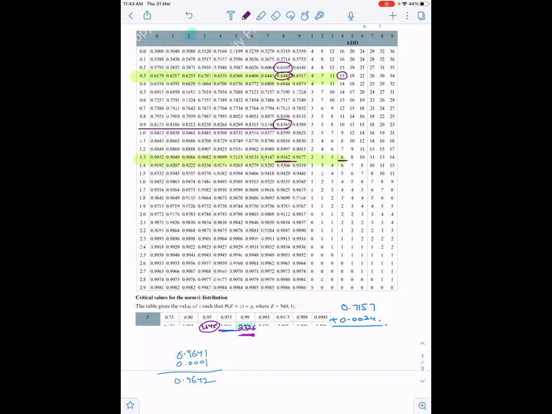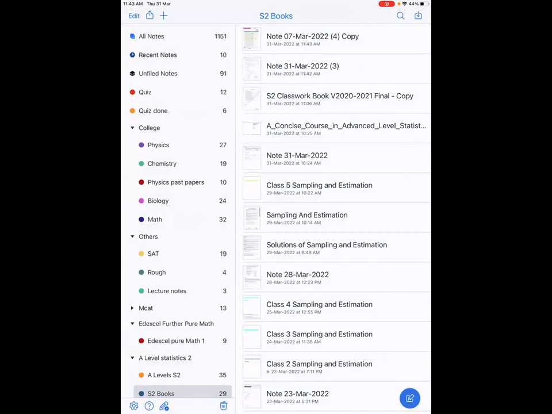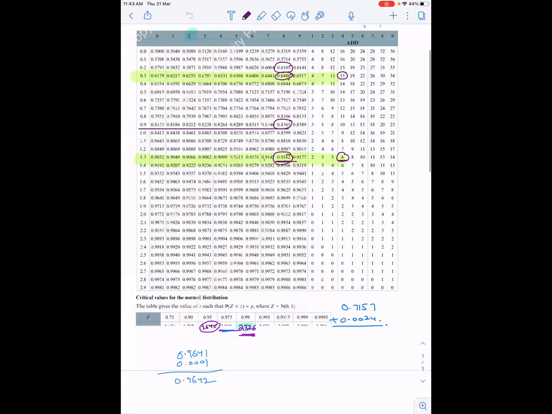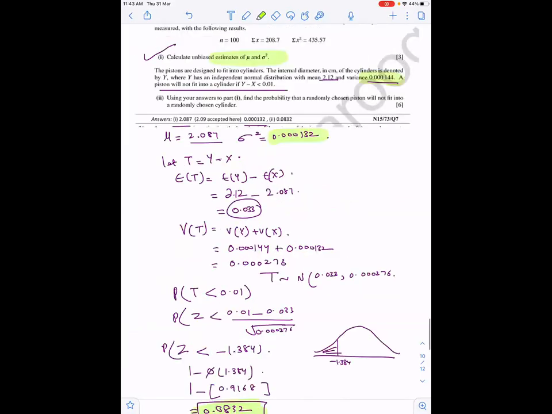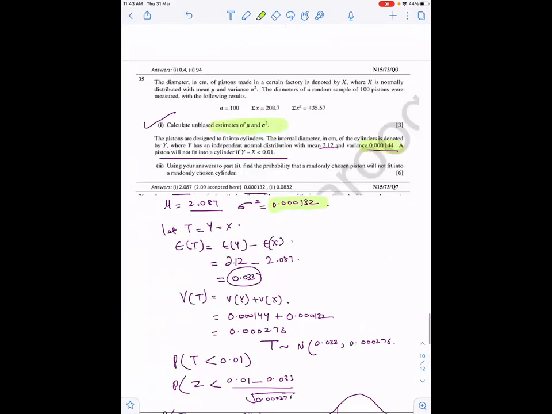Okay, 0.9168. ठीक है बेटा, इसमें I've added this. 1 minus 0.9168, 0.0832 आ रहा है. Here, what is the answer? Okay, 0.0832. It's correct. समझ में आया बेटा?